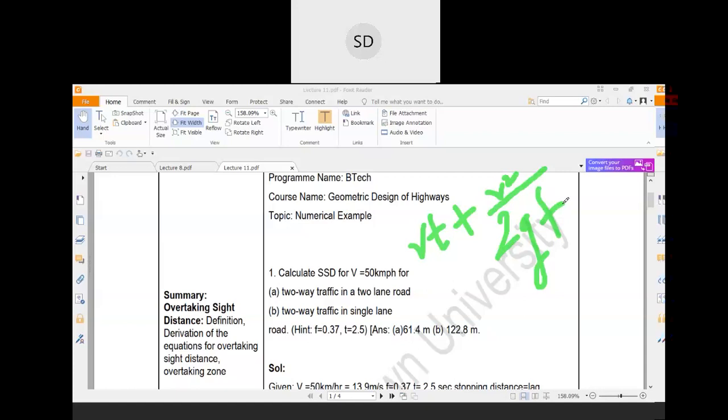Okay, so that is the formula for your stopping sight distance, Vt plus V square by 2gf.